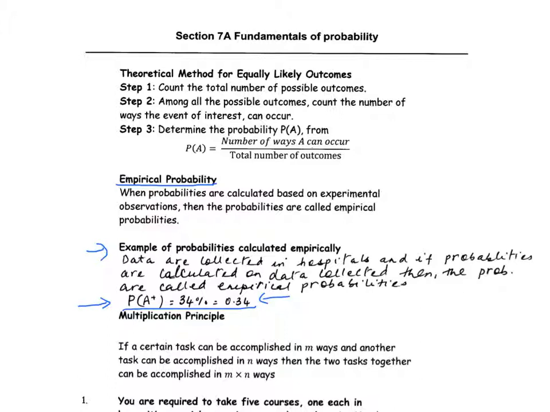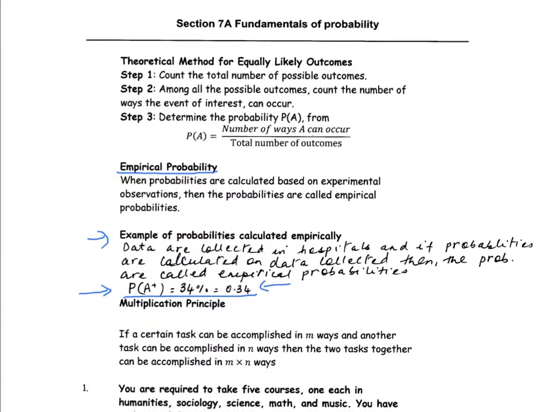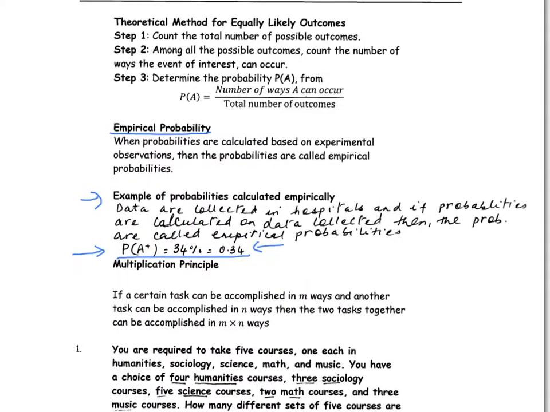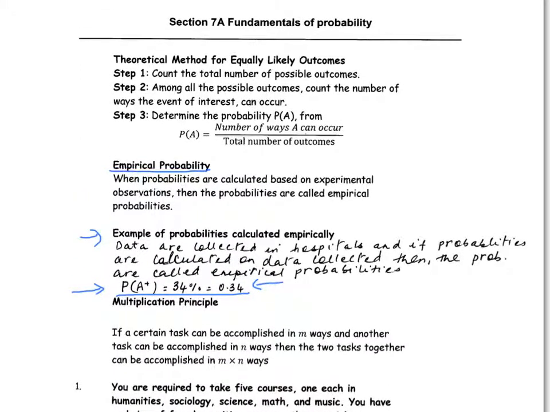Now, once we start calculations of probabilities, we're going to use lots of formulas and counting techniques. The most basic of counting techniques is called the multiplication rule. So we have the multiplication rule.